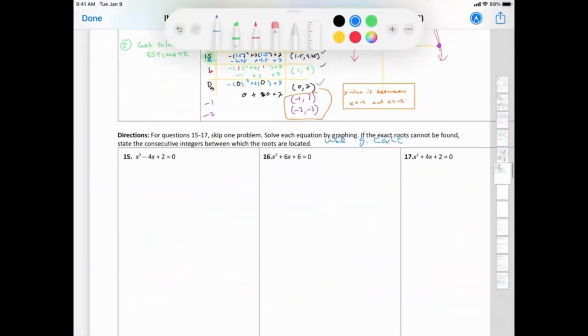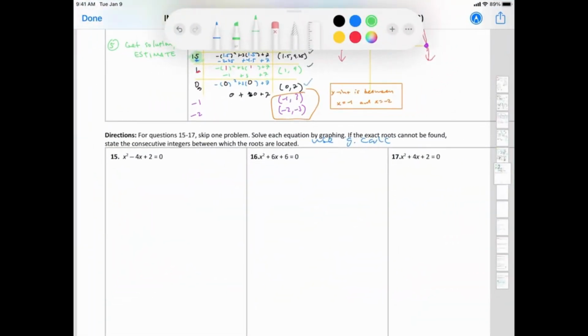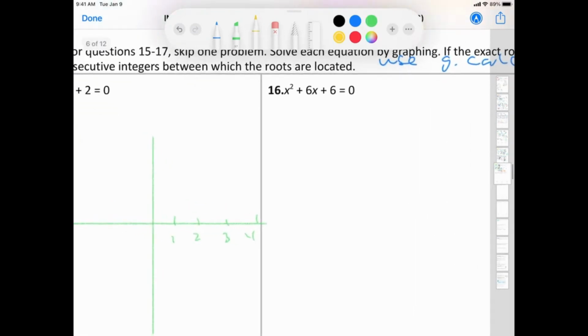So let's just draw a graph so we have a visual. And we said it was between 0, 1, 2, 3, 4. Between 0 and 1. And 3 and 4. And this is what my graph kind of looks like, right?